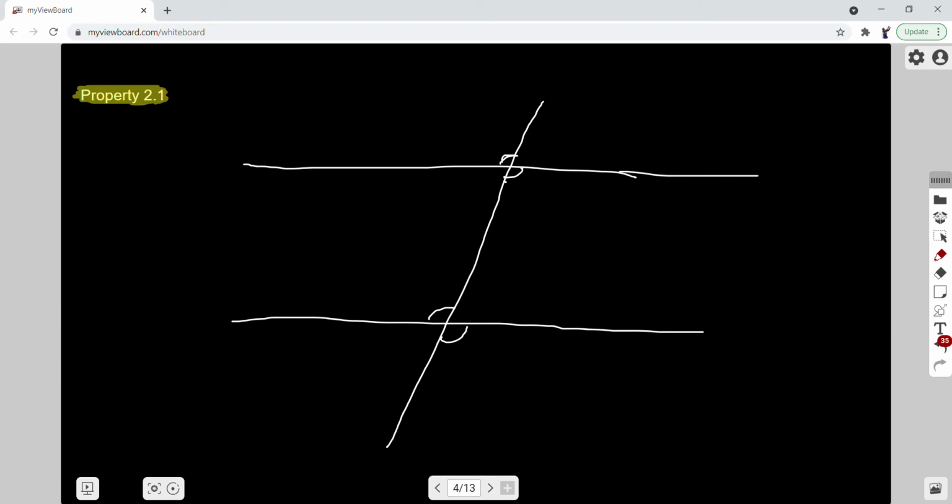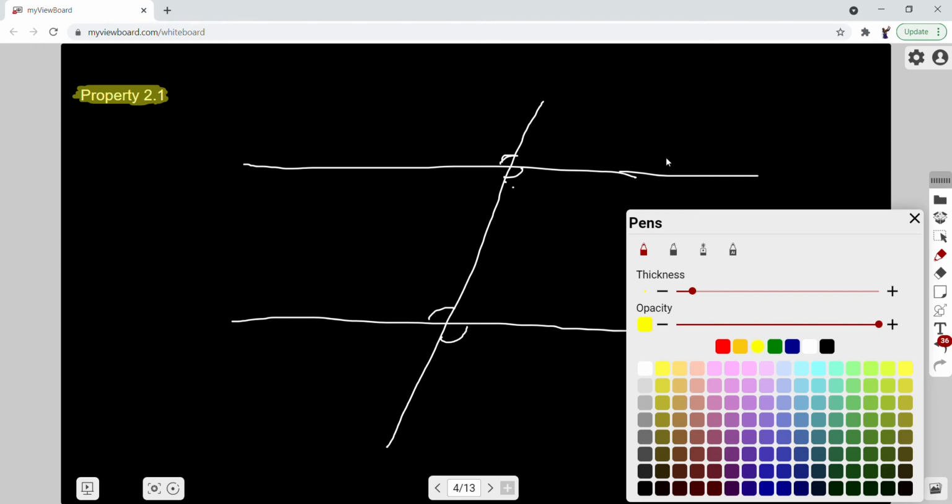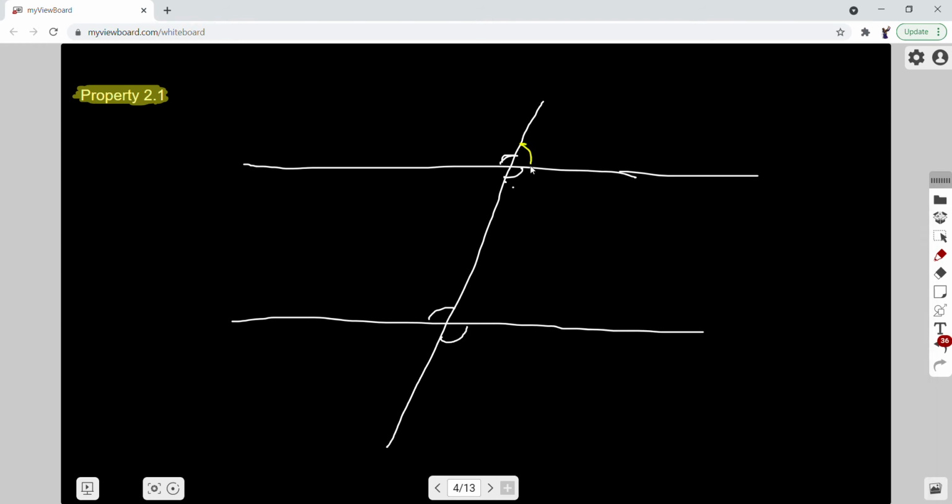So I just remember the vertically opposite angle. So if there are two lines, this angle has to be equal to this angle, and if these two lines are parallel, this angle has to be equal to this angle, so it's always vertical. And similarly, if I use another pen to denote, this angle equals this angle equals this angle equals this angle. It's a really simple concept.